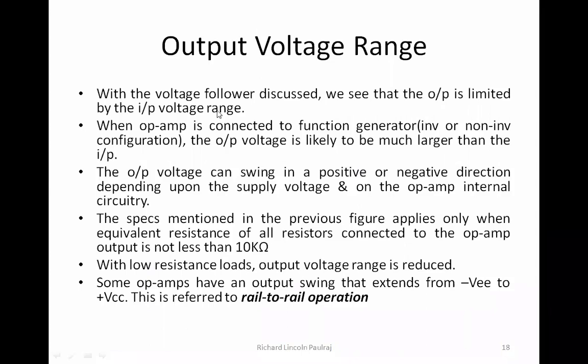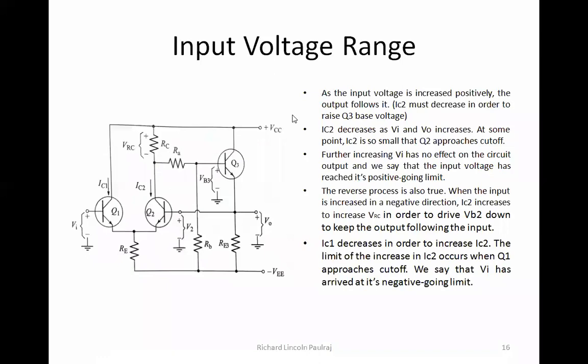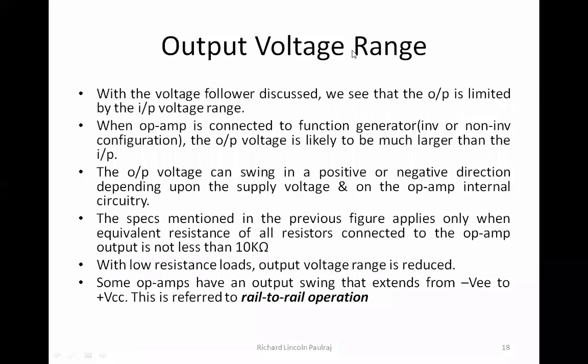With the voltage follower discussed, we had discussed this concept, which is nothing but the voltage follower. Keeping this circuit in mind, we will be understanding what the output voltage range is. We see that the output is limited by the input voltage range. Do you all agree with that?